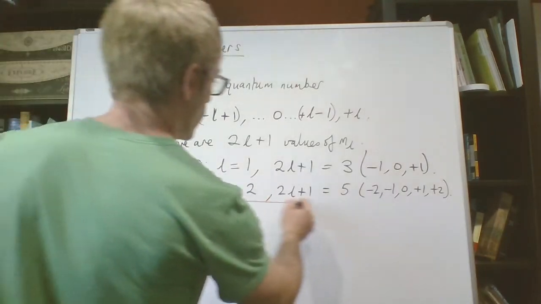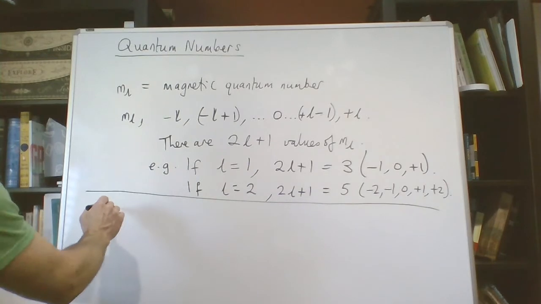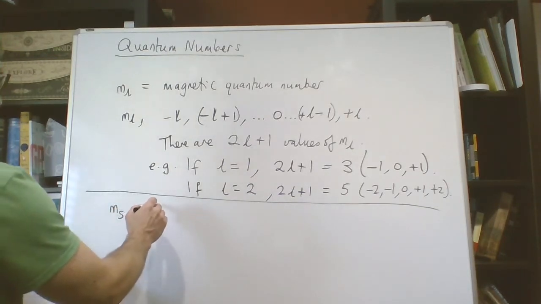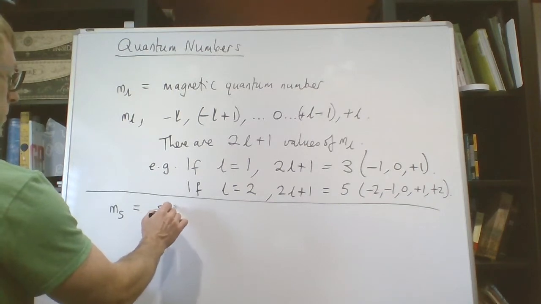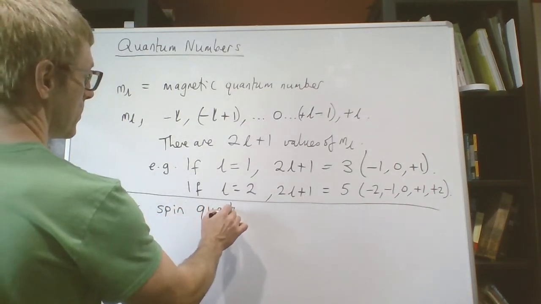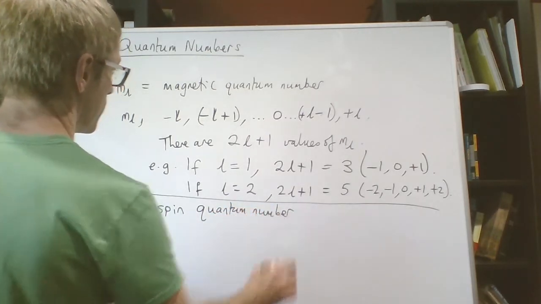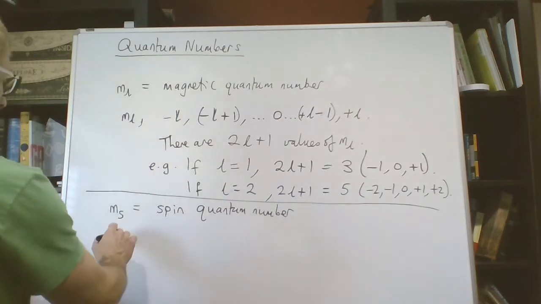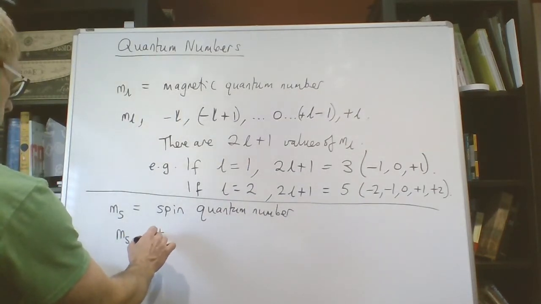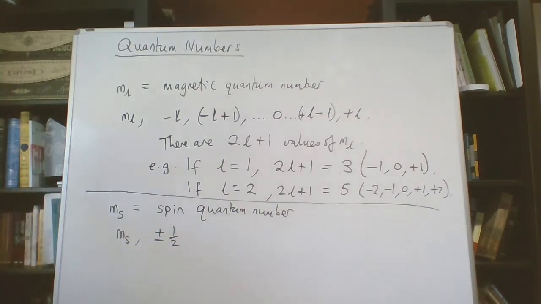And the fourth and final quantum number that we'll need in general chemistry is ms. ms is the spin quantum number. m subscript s can have values of plus or minus 1 half.